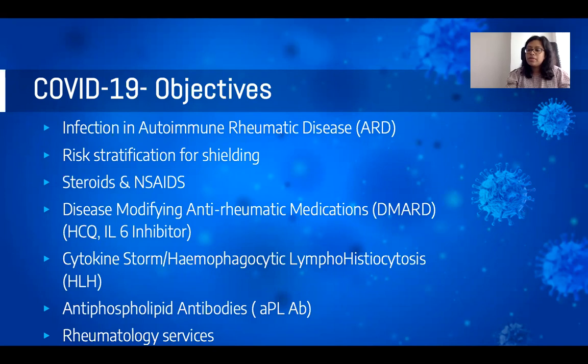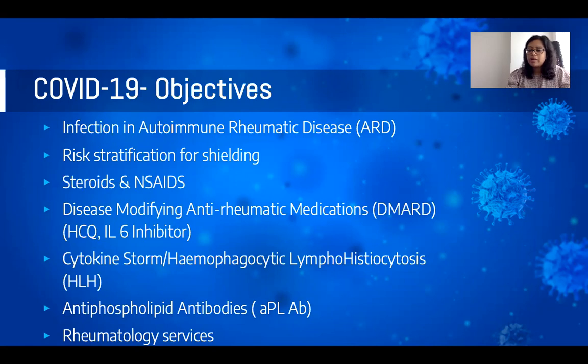I'll go through DMARDs, or disease-modifying anti-rheumatic medications, now being used in trials for patients with COVID-19, particularly hydroxychloroquine and IL-6 inhibitors. I'm going to talk through the cytokine storm or hemophagocytic lymphohistiocytosis.